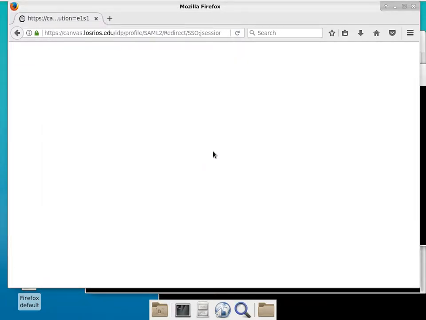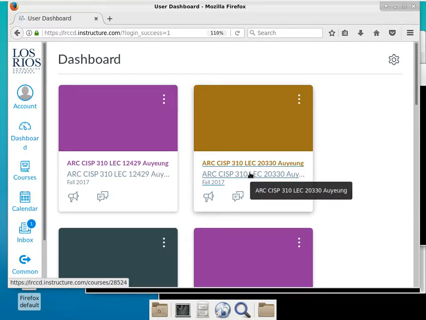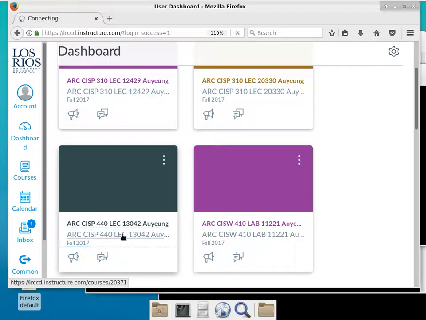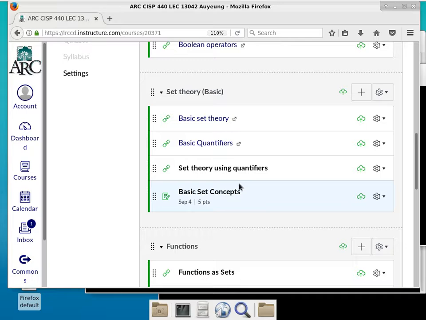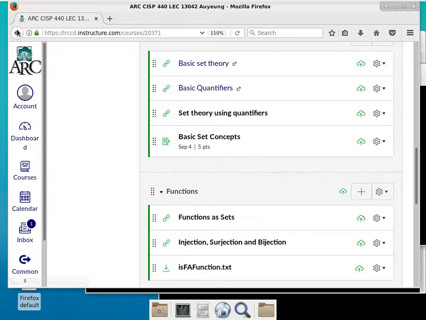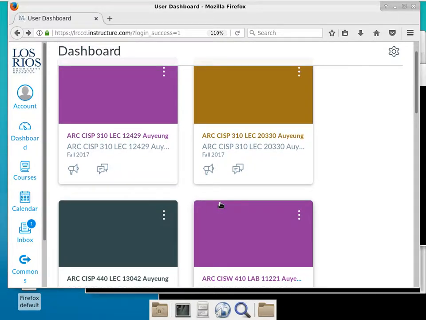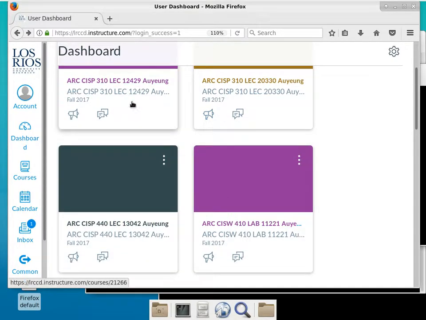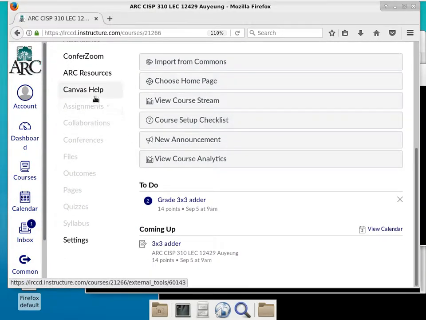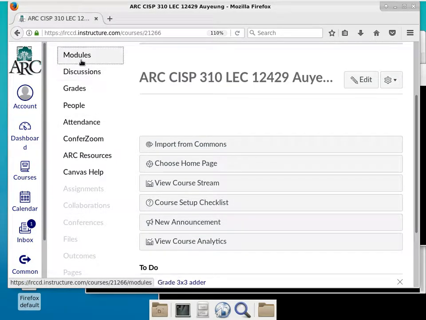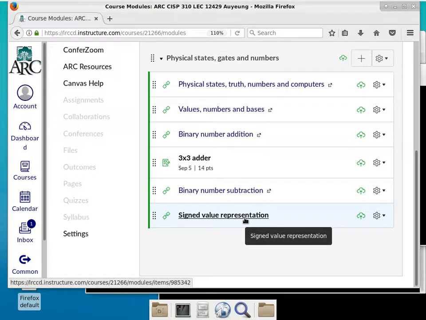Oh, this is the wrong class. That's 440. 310. Okay, I think it's this one. There we go. All right, so I added one more slide to the modules. So when you check out the modules, there's one more that talks about signed value representation.